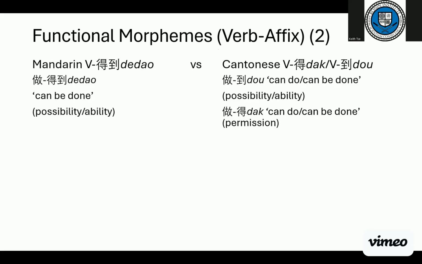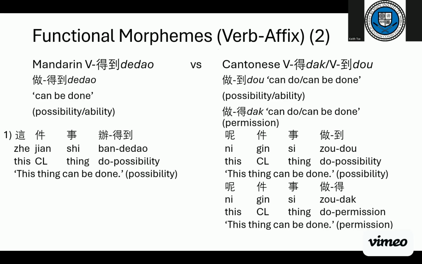This also denotes possibility or ability. But 做得 really denotes permission, in the sense of being allowed to. It can be done, it's allowed to do. Okay, so if I just use some examples here. In Mandarin, we could say 这件事办得到. Okay, so this thing can be done. In Cantonese, however, if I say 呢件事做到, it means this can be done.